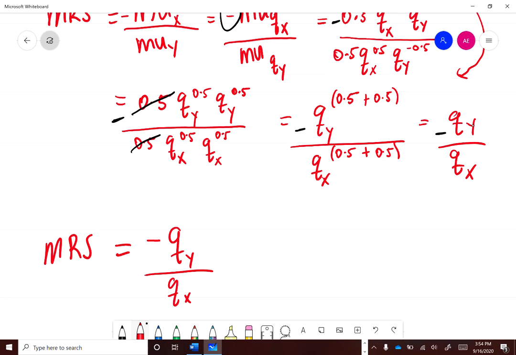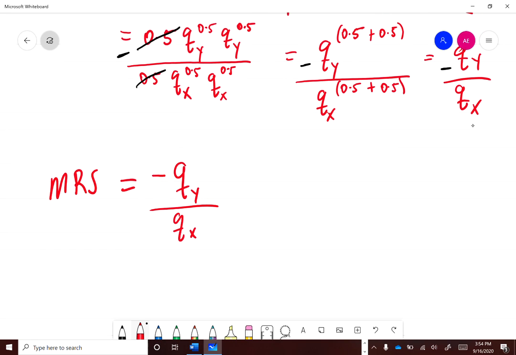So now let's combine this. Now let's use this in the optimality condition.